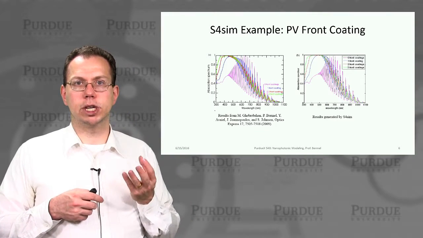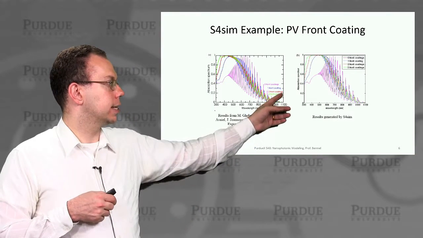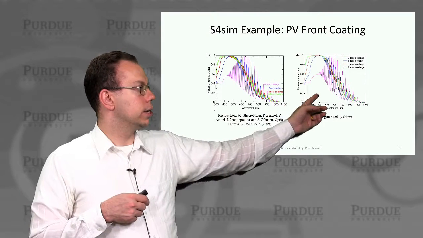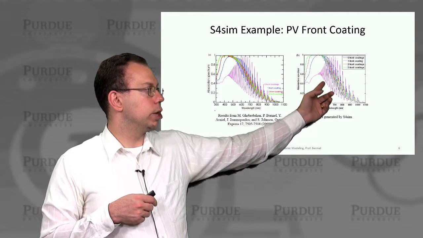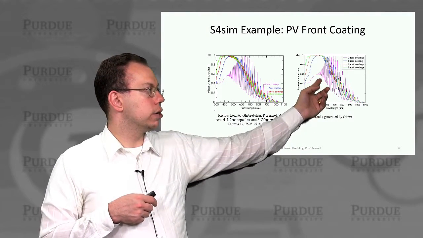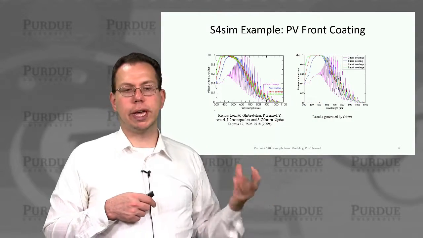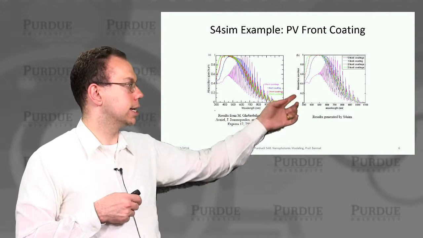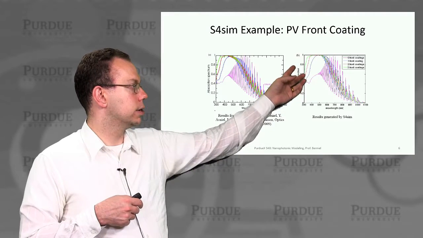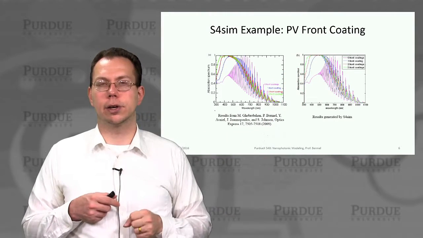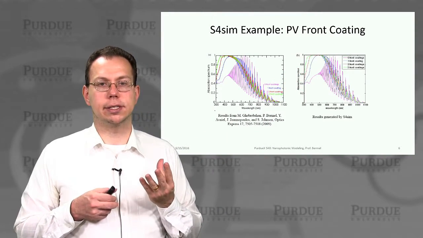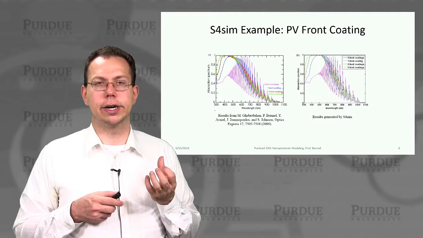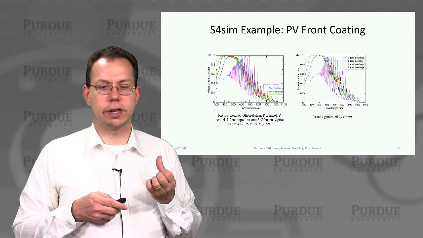And then similarly in S4, you can run that exact same simulation. If you graph it in the same way, the results are very close, to the point that the only way to really distinguish these is the thickness of the lines, but otherwise the results are essentially identical.